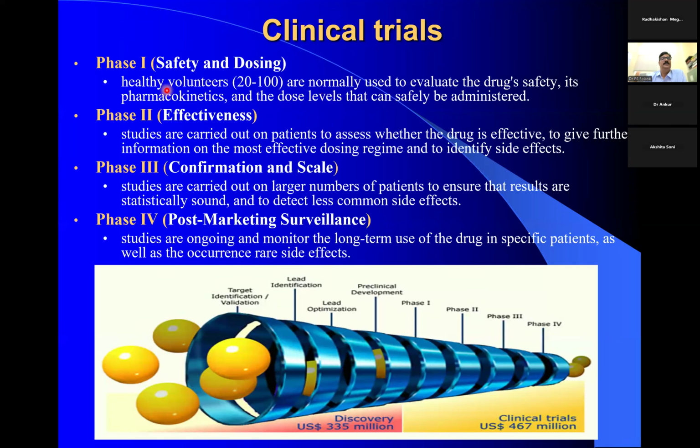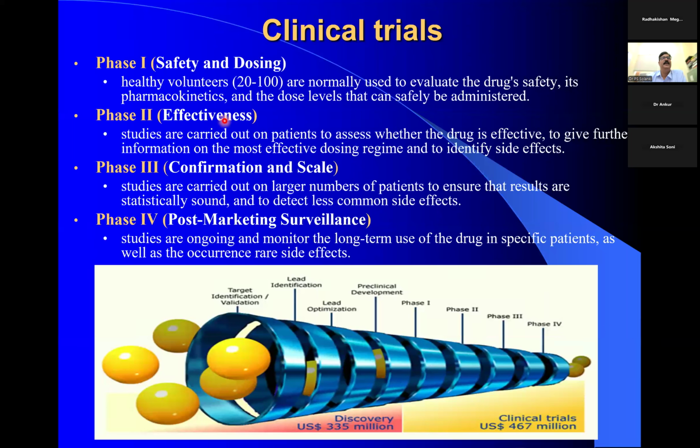Then phase two involves a moderate group of patients, maybe hundreds, basically 100 to 200 patients who have the known target disease.